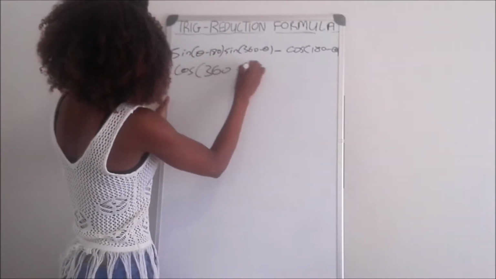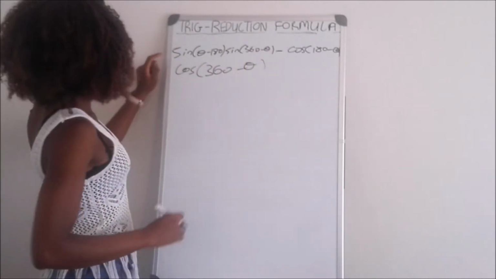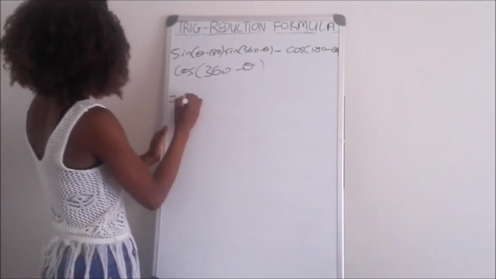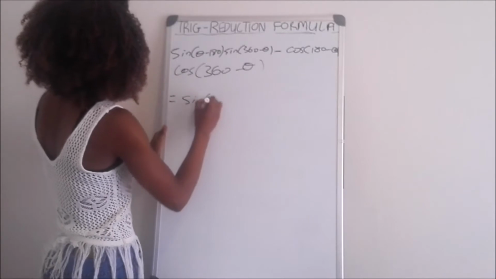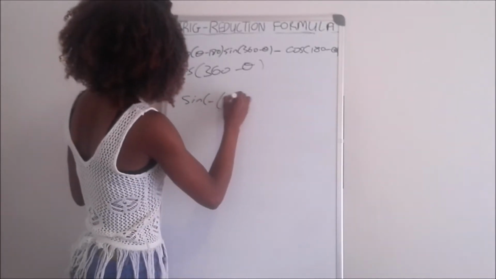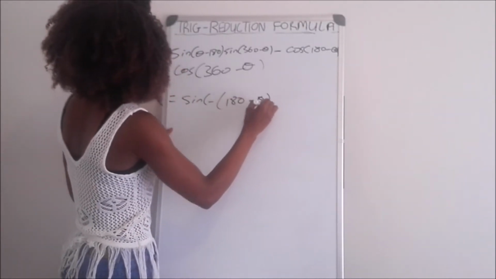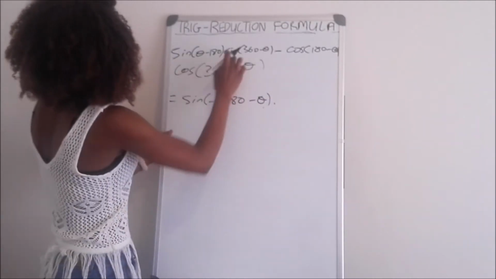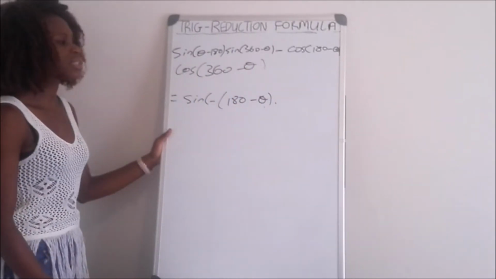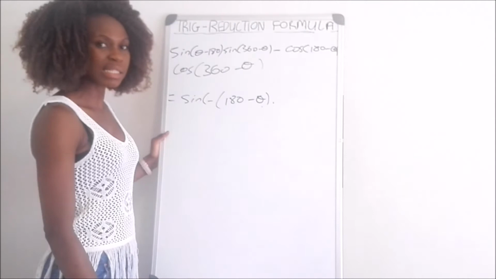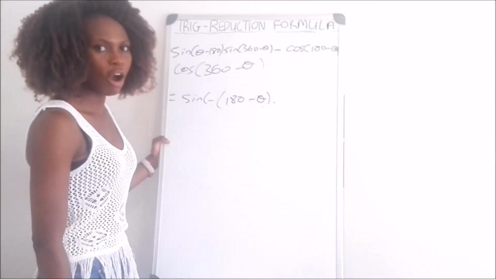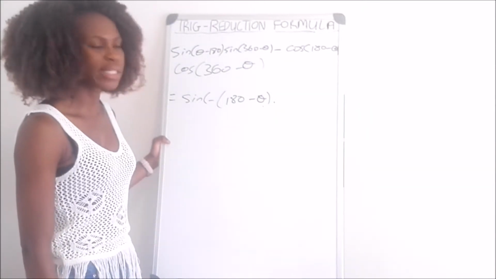Alright, the first one, which is sine, we take out a common factor of negative and we'll be left with 180 minus theta. And then when it comes to sine 360 minus theta, 360 minus theta is found in the fourth quadrant, of which at that quadrant only cos is positive.